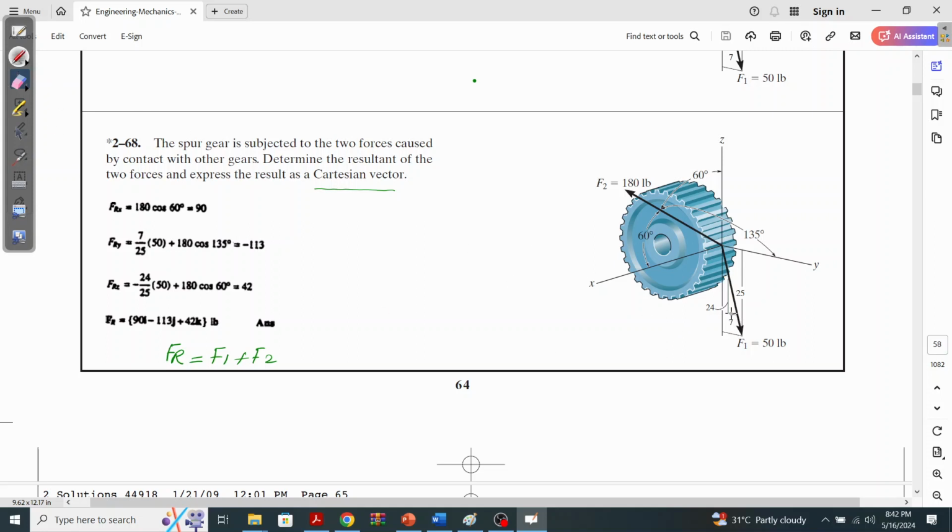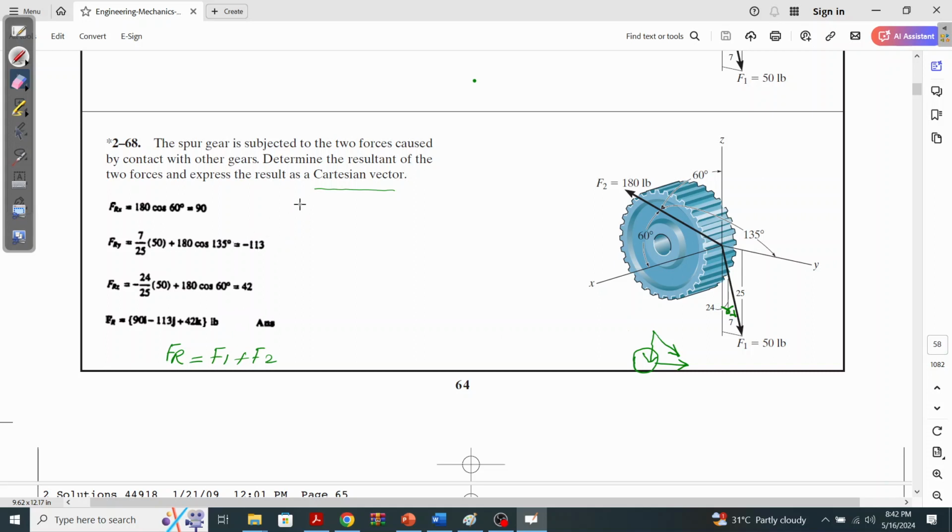If you use head to tail, its direction is going to be like this, and one component is like this and the other component is like this, so the resultant will be somewhere like this. So you can see this is in the negative z-axis, and this is the positive z-axis. So we calculate it and we get 42 pounds.